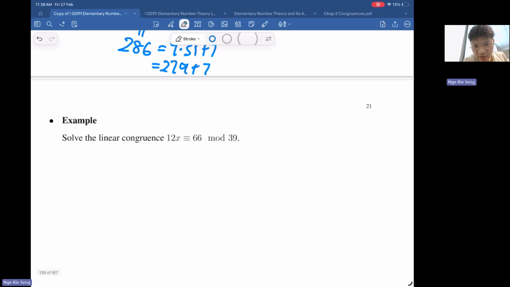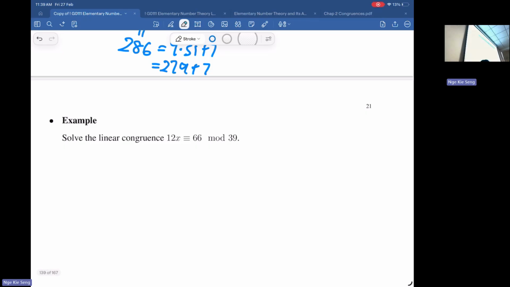Wait, is something wrong here? The GCD is not 1, why can I find the inverse? Divide 3 for all of them, yeah, this is what your friend suggested. Let me think. The GCD is not 1, but then why does the inverse exist?